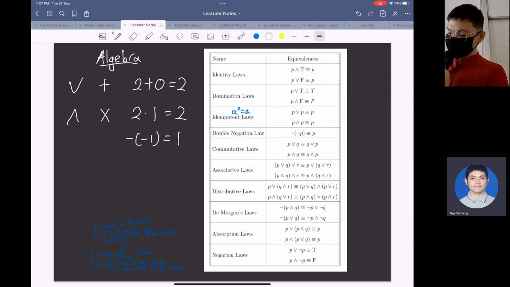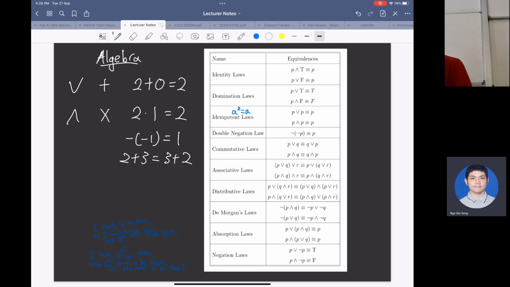Okay, commutativity law. Like 2 plus 3 equals 3 plus 2. Okay, commute. And then associativity laws is what I told you just now. So you can do P and Q first and then do Q and R and then do everything, or you do Q and R first and then do everything. Okay, associative.